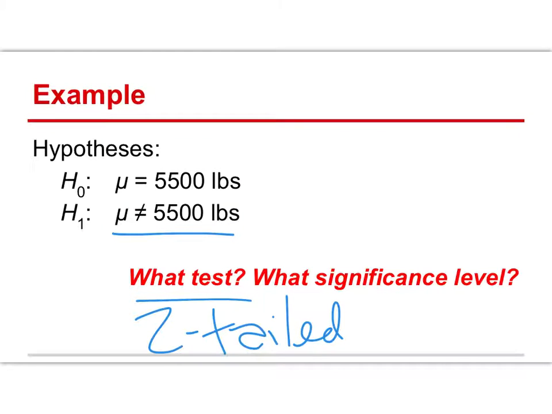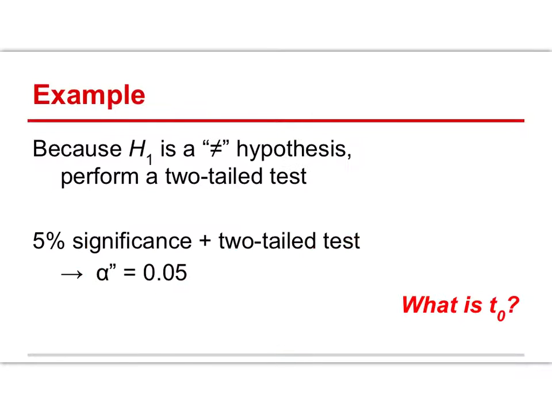Because we are working at a 5% level of significance, that further tells us that alpha double prime needs to be 0.05. So from that, we'll ask the next question: what is this critical value? What is this boundary that we are trying to get past? Or actually, there's two boundaries, because this is a two-tailed test. One boundary is negative, the other one is positive.